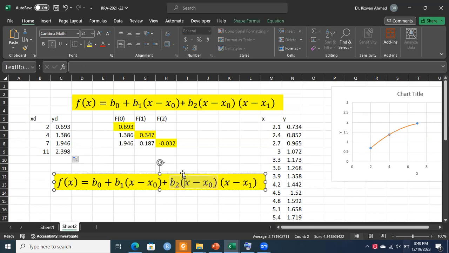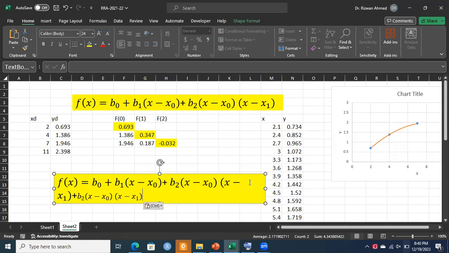And then we can compute the third degree polynomial, which is simply to add another term to it, and which is, yes, here b3, and there will be the addition of another multiplier, x minus x2.